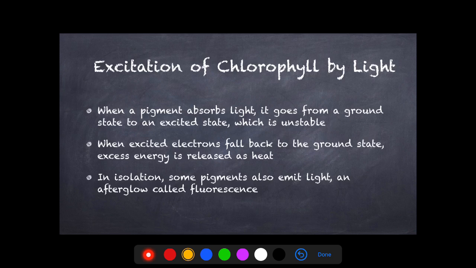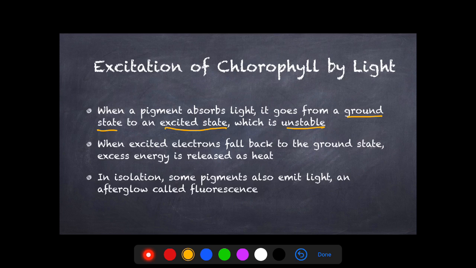Okay. There's something called excitation of chlorophyll by light. This is when you have a pigment that takes in light from the sun and it goes from a ground state to an excited state, which can be pretty unstable.